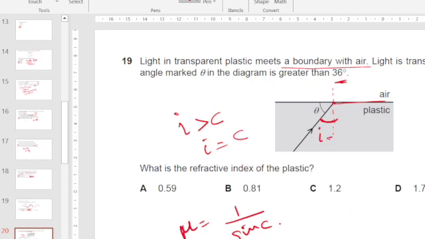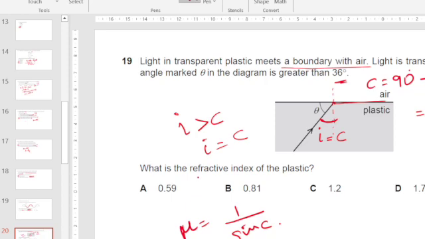And in this case, angle of incidence will be equal to critical angle. So to calculate this angle, angle C will be equal to 90 degrees minus 36 degrees, which is 54 degrees, the critical angle.